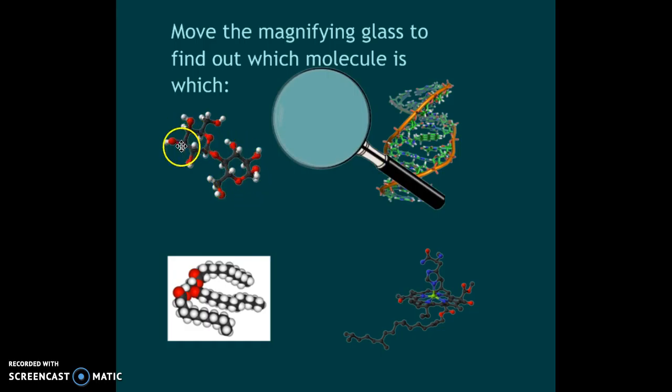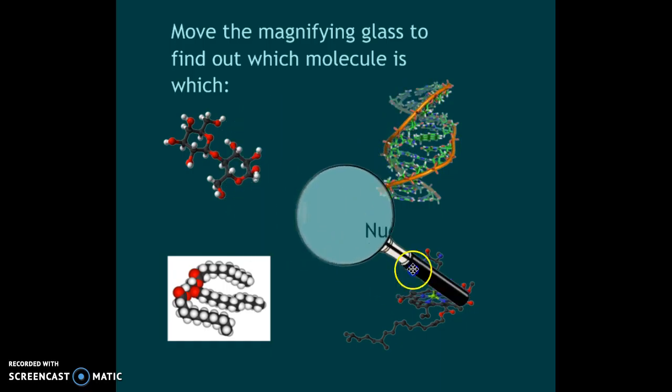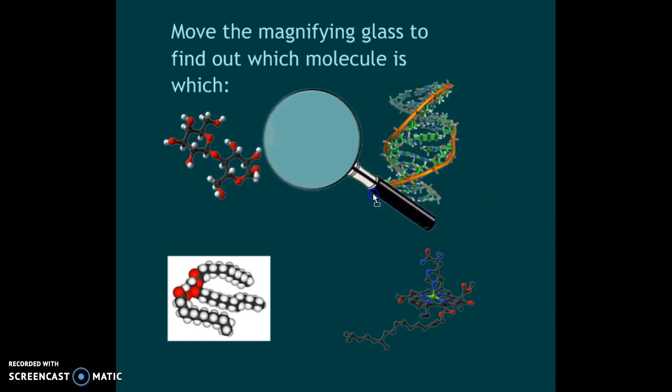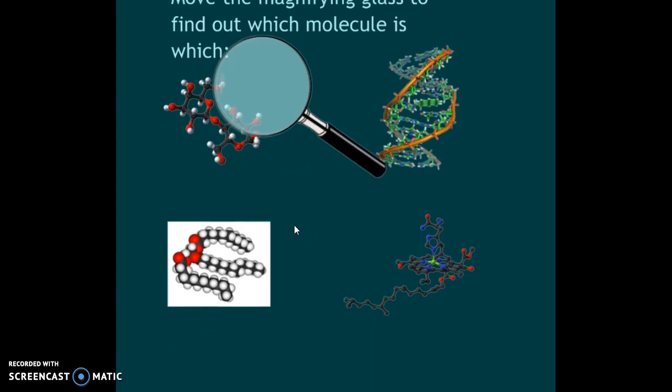That's something that's unique to carbohydrates. This one, you see some unique characteristics. There's this spiral structure with this strong backbone here. This one's a nucleic acid. Later we're going to find out what the function of these are.